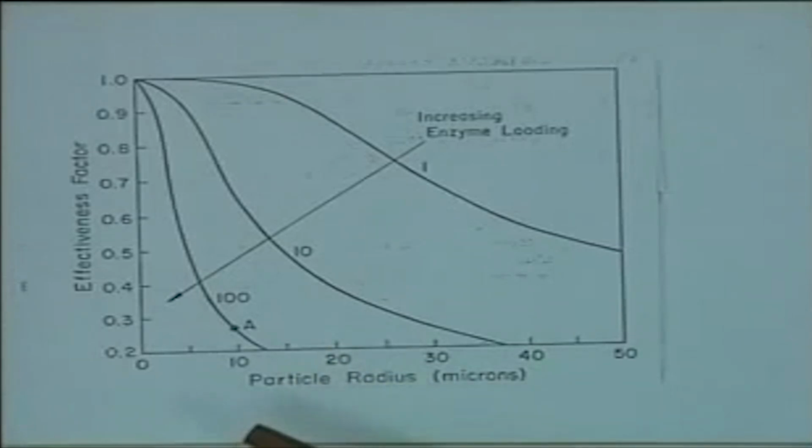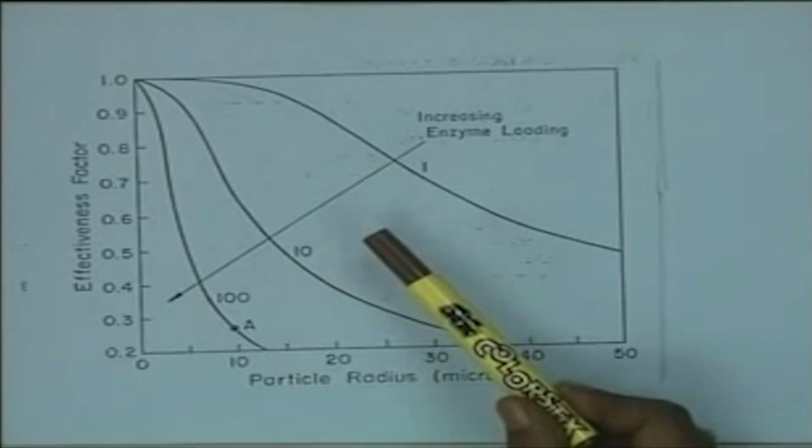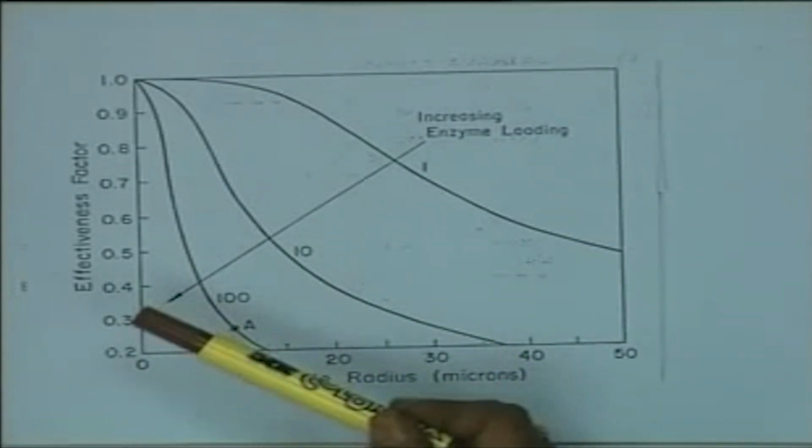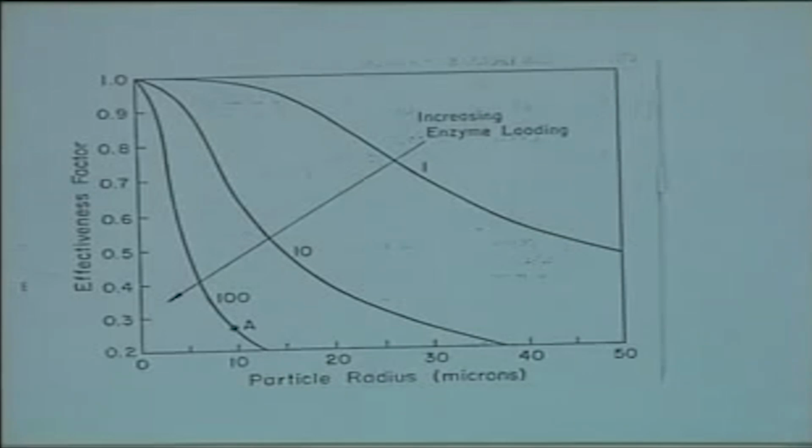So, increasing enzyme loading means the concentration of enzyme is being increased, E0 is increasing, so phi is increasing, and increasing Thiele modulus gives you a lower effectiveness factor, which obviously means that the rate of reaction is much faster than the rate of diffusion, and that is what the ratio described by the Thiele modulus shows, and therefore the effectiveness factor decreases.